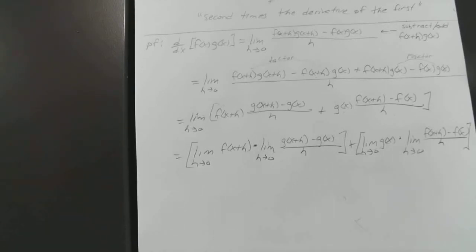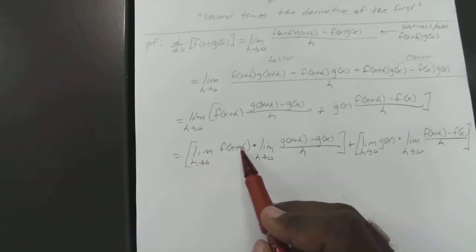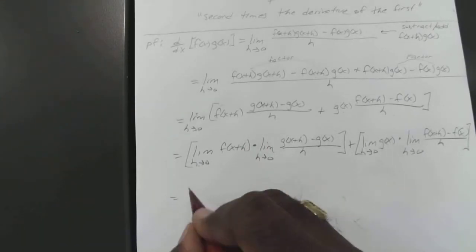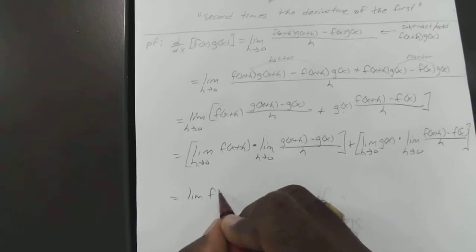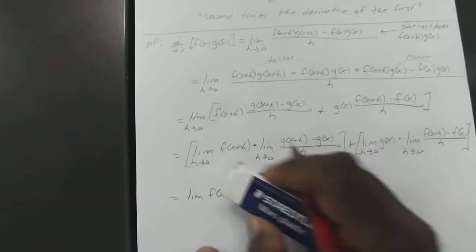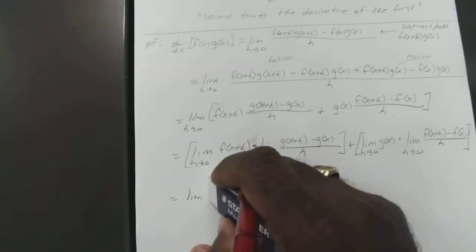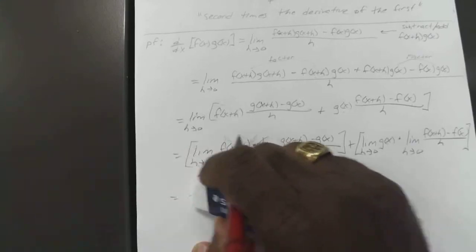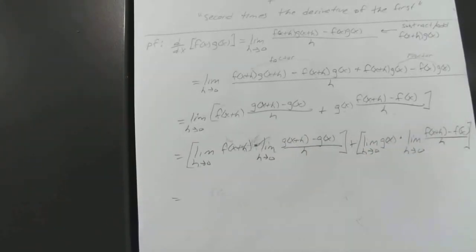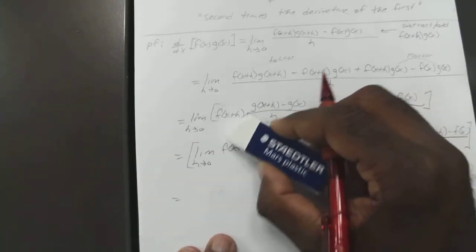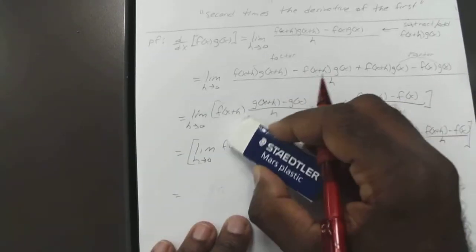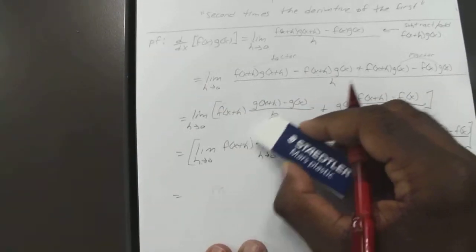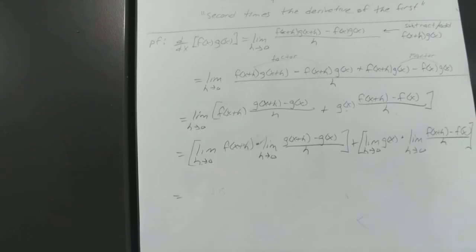All right. So here, if you actually use direct substitution and plug in h equals 0, you have the limit of f of x. Well, don't really need the limit of f of x because you plugged it in. Clean that up a little bit. There we go.